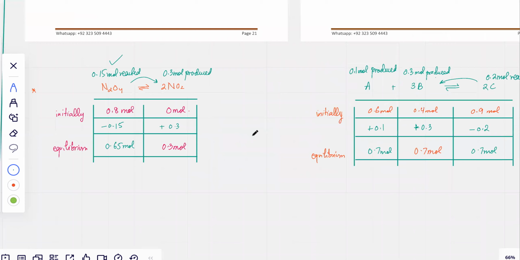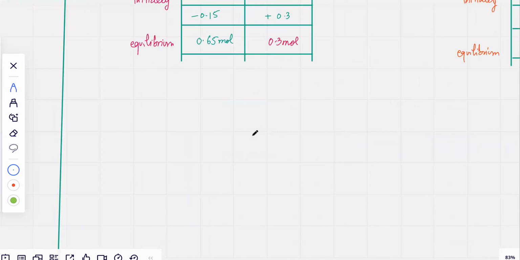Let's do another one. I'm just going to take A and B. So let's say I have a reaction. There's 2A that's reacting, and there's an equilibrium reaction that's happening, and you're getting B plus C. So that's my reaction.